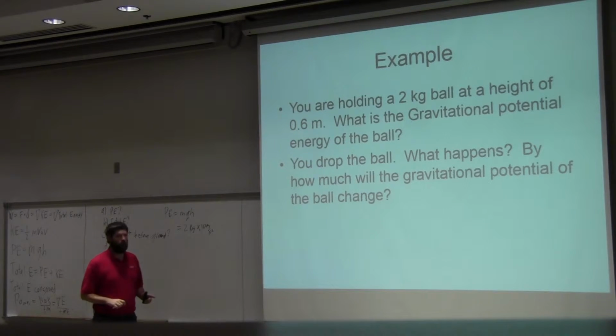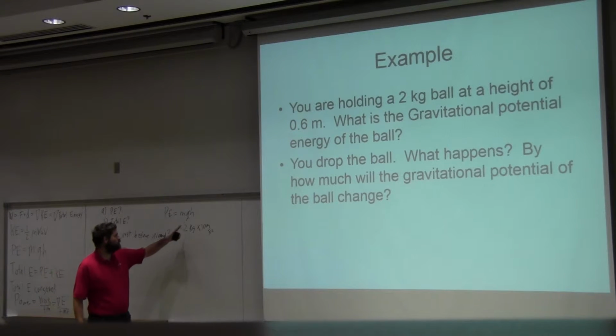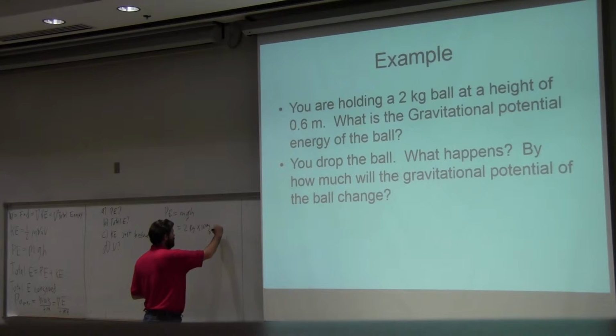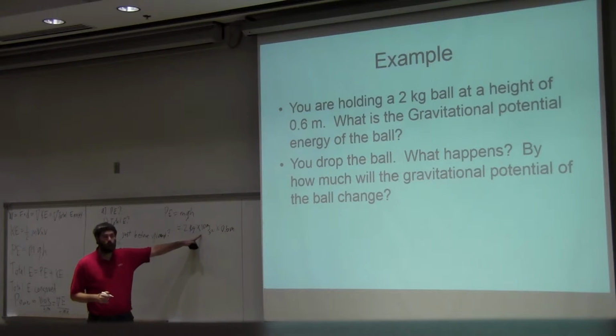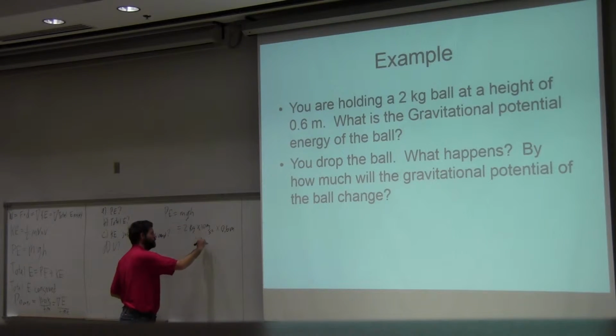Now, by the way, in this equation, g and h are both downwards, so you do not have to worry about direction. The gravitational potential will always be positive unless you are underground, in which case your height would be negative. So we're okay. We don't have to put in the direction. Like so. 2 times 10 is 20, times 0.6 is 12 joules.